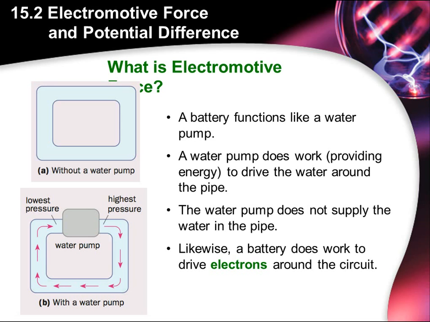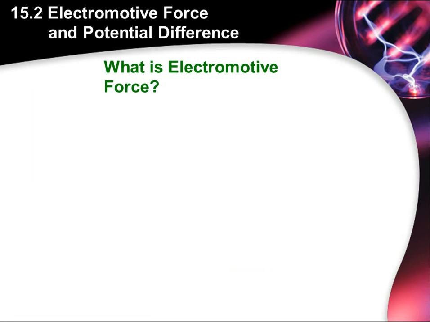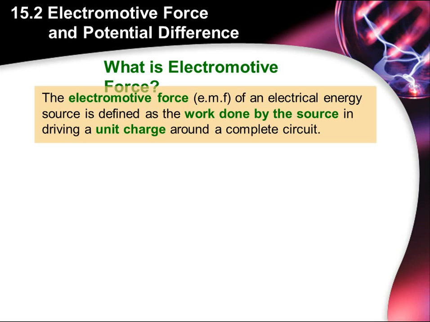And when the electrons start to move, a current is formed. In a sense, the battery is doing work to drive the electrons around the circuit. And if you remember, when a battery does work, the battery transfers energy to the electrons, and electrons have energy to do work elsewhere in the circuit.